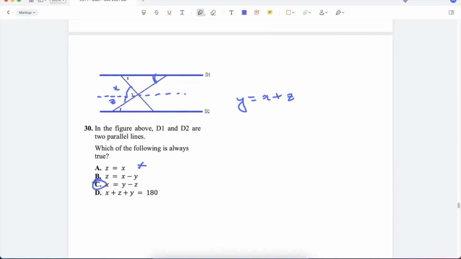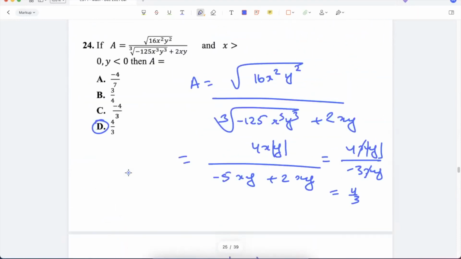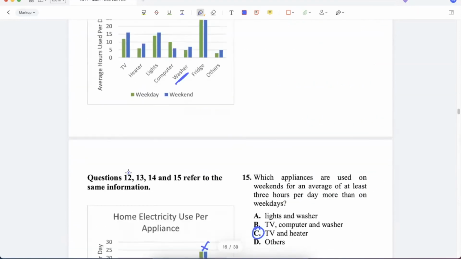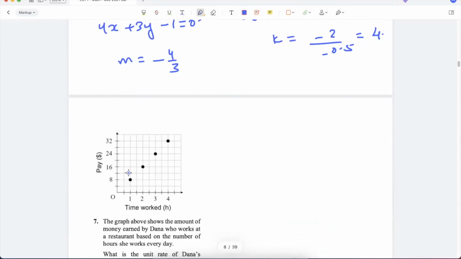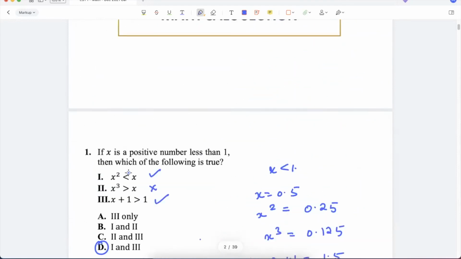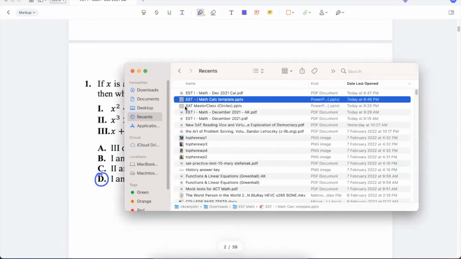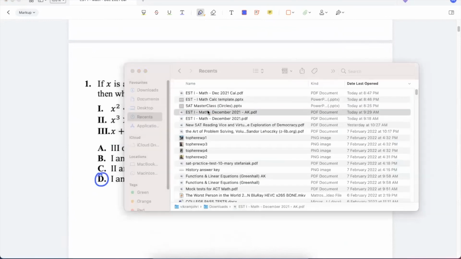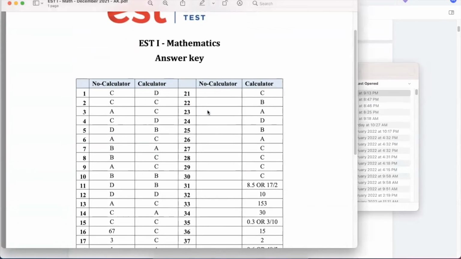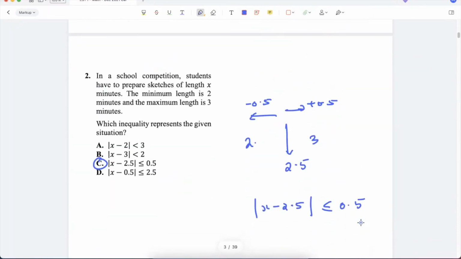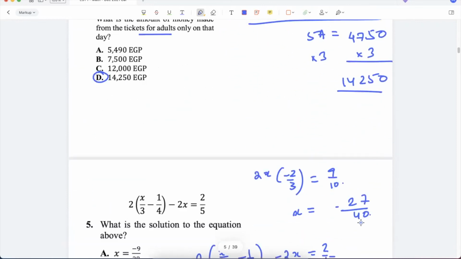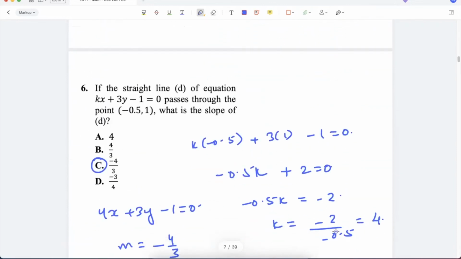Okay, let's grade this. Questions 1 to 30. D, C, C, D, B, C, D, C, C, D, B, C, number 7.